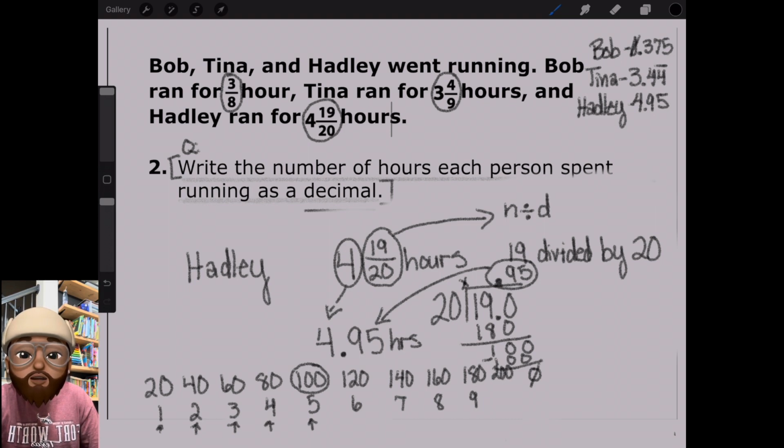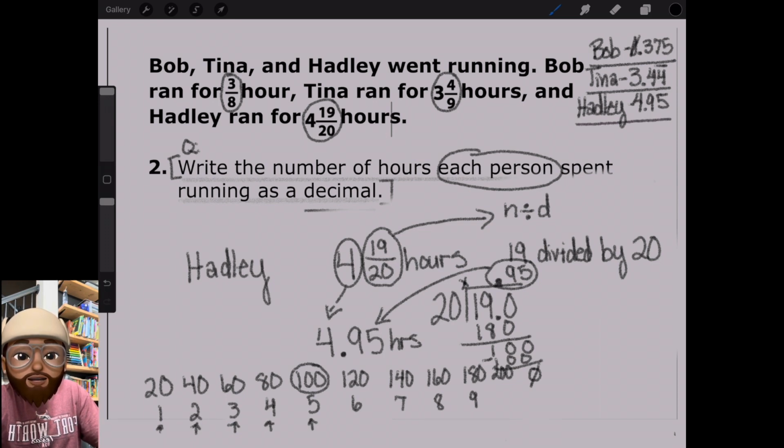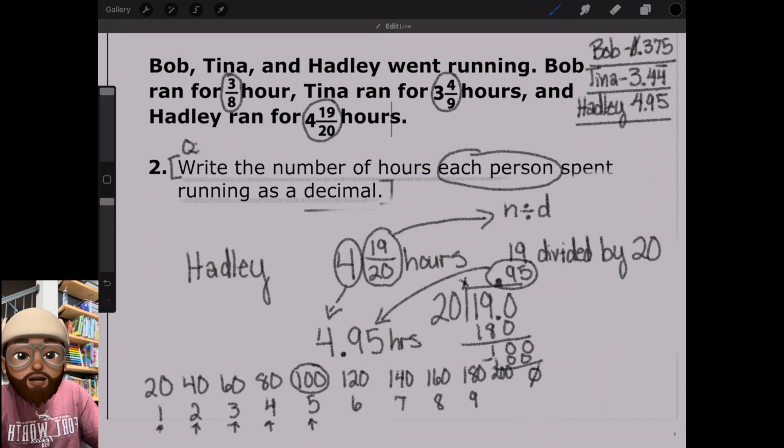It says, write the number of hours each person spent running as a decimal. We've written the number that Bob spent, we've written the number that Tina spent, and we've written the number that Hadley spent. And so I believe we've solved the question. We're all done. Good job.